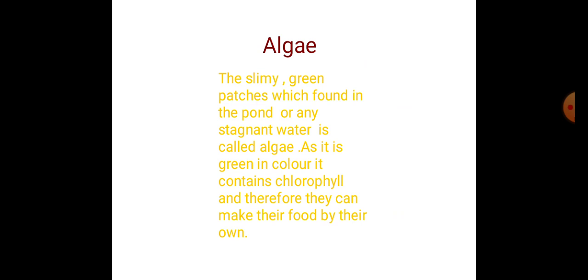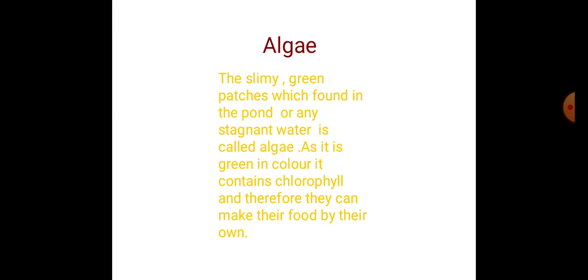Our next topic is algae. Now, let's talk about algae. Students, have you ever seen algae? Yes or no? Dear students, you often see slimy green patches in ponds or stagnant water. They have chlorophyll.